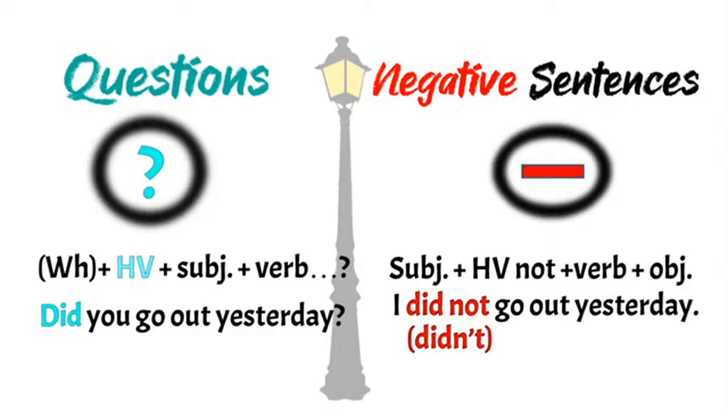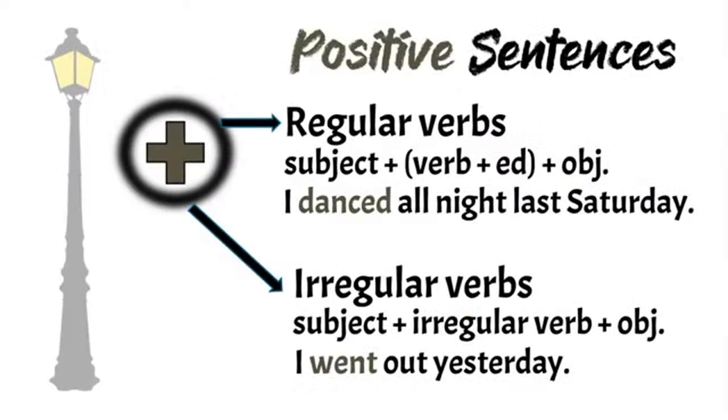Negative sentences. We need the subject plus the helping verb plus not plus the verb and the object if you have one. I did not go out yesterday. I didn't go out yesterday. So what happens with positive sentences?